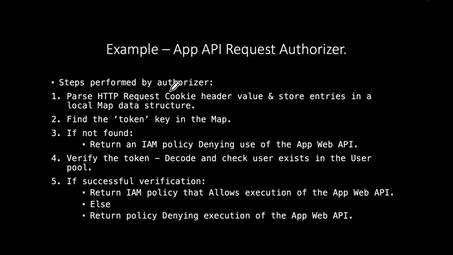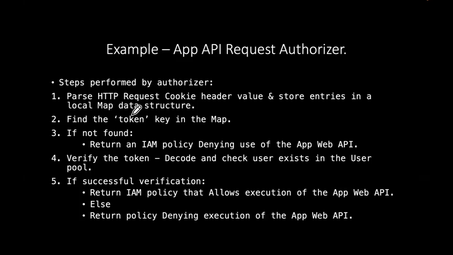The keys in my map will be my cookie keys, and the values will be the cookie values. I then look inside that map for a key called token, because that's how I store it. And the value associated with that key is my actual JWT token. So that's just a bit of data processing, the string splitting and stuff that's going on early on in the authorizer.